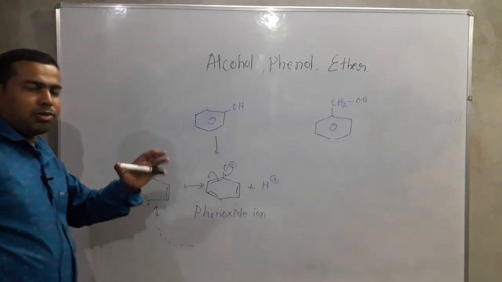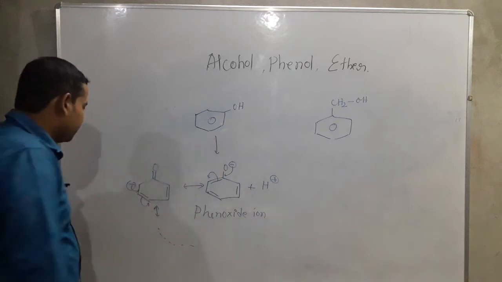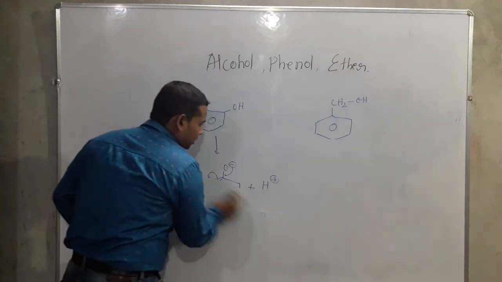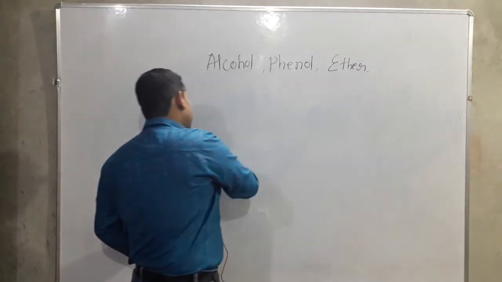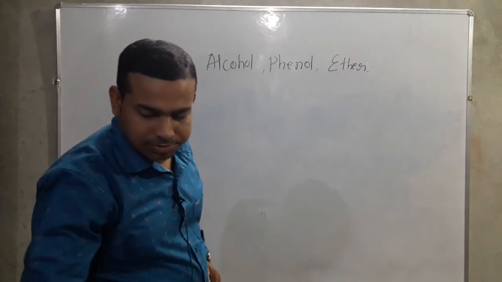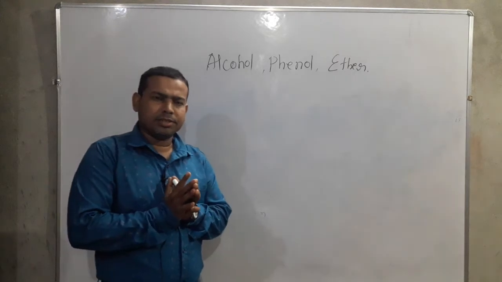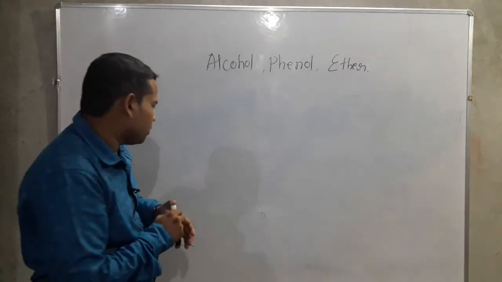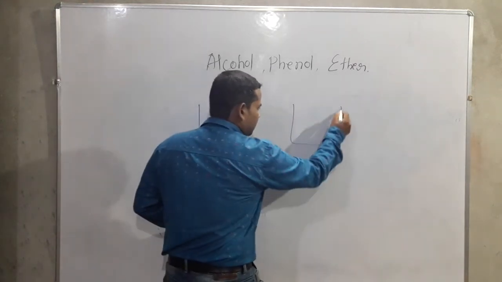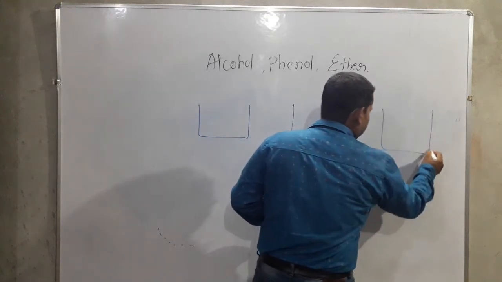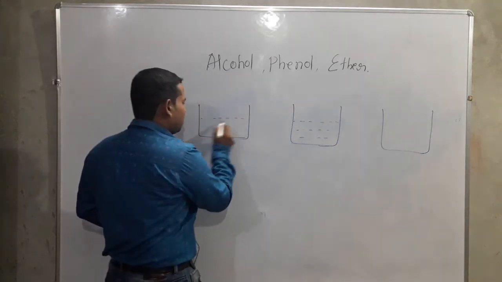So one question: alcohol is basic, phenol is acidic, despite phenol containing an OH group. This is a very important question for your board exam also. Another thing: primary alcohol, secondary alcohol, and tertiary alcohol. So how will you identify each from the three solutions? For example, there are three containers containing three colorless liquids.